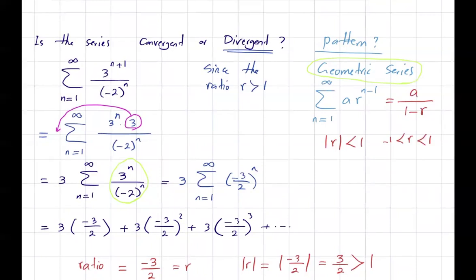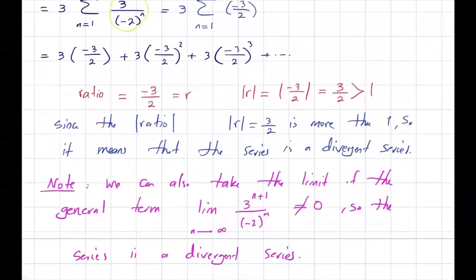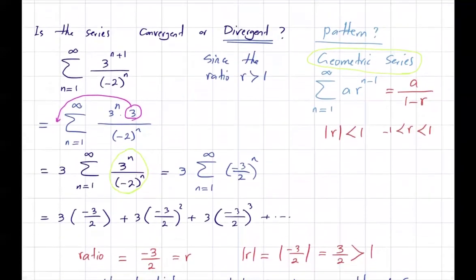But if the question says, is this a convergent series or a divergent series, you can justify the work by saying that since the limit of the general term is not 0, the series itself is a divergent series. So from one question, we can derive different types of questions to answer.